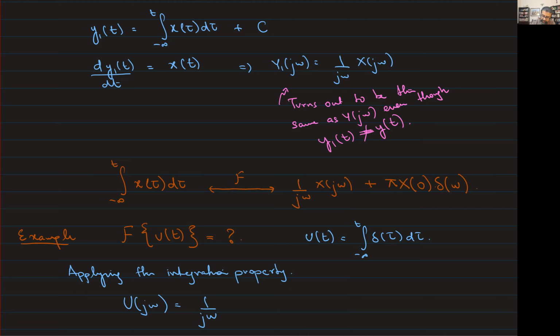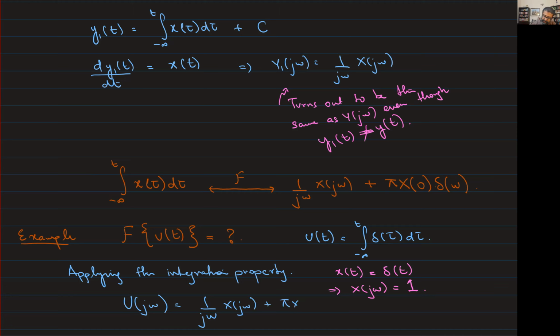So let's do this here. x of t equals delta of t, and therefore what is x of j omega? It is 1. Good. X of j omega is 1. Let me write down the property itself.